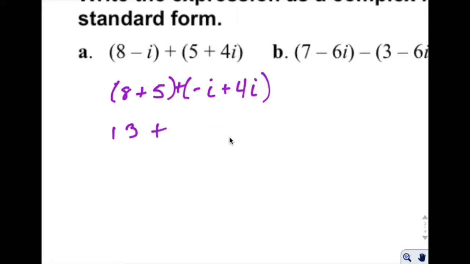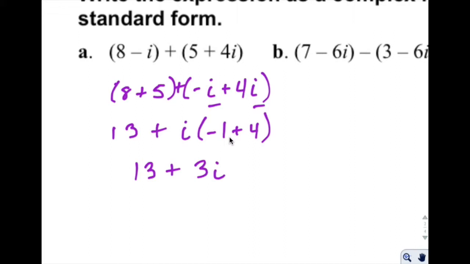And I'm going to add that to, I'm going to remove the i from both sets of, from that quantity there. So if I take out an i I have i times negative 1 plus 4, which is the same as 13 plus 3i.